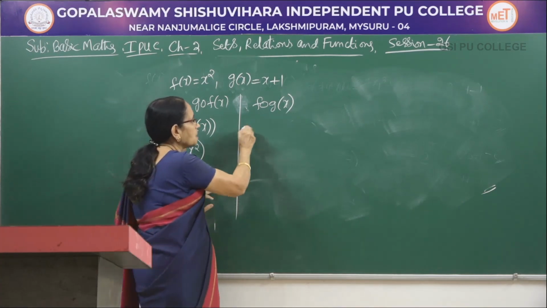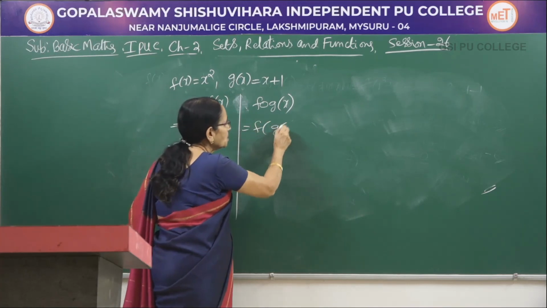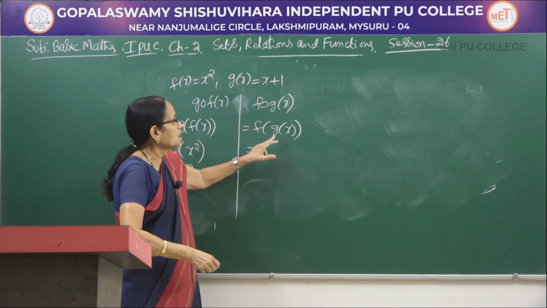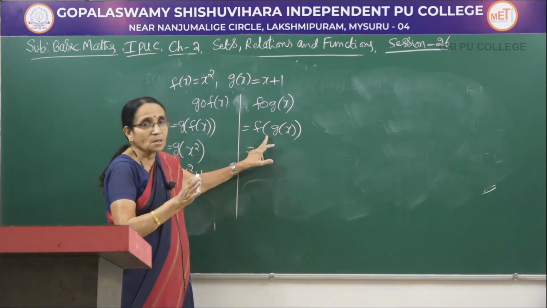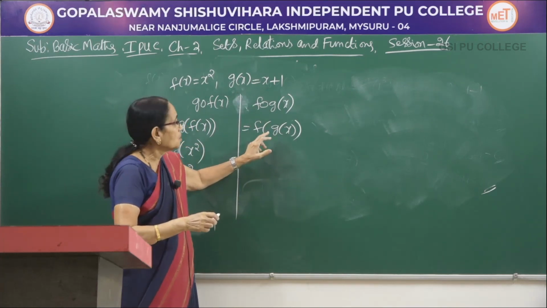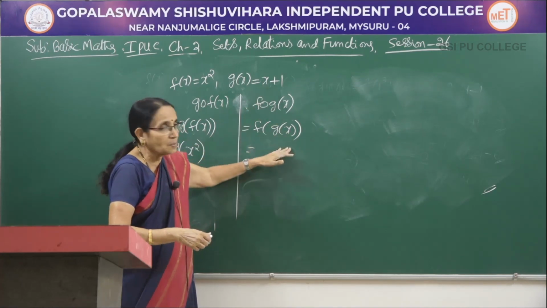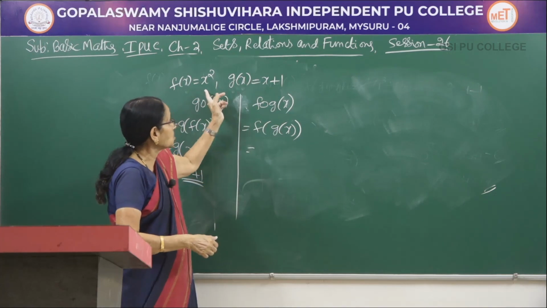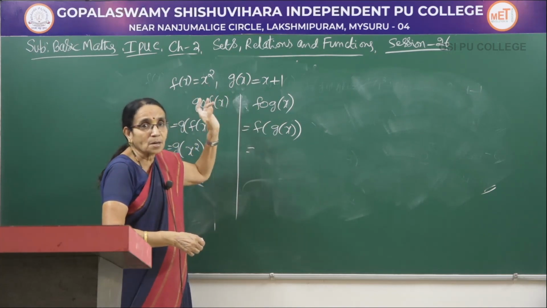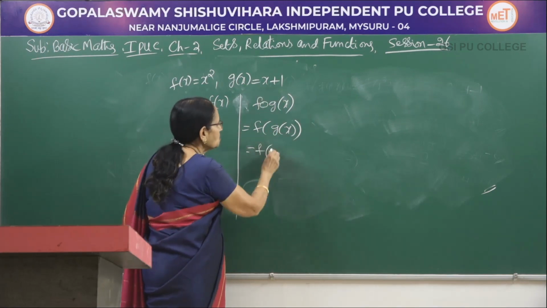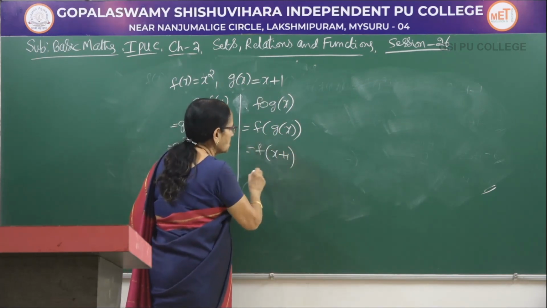Now, come to this one. It is f of g of x. First, we consider the function. So, I told you again, whenever the composite function is there, applying the first part of the function is easier because it will always be there. For the second part, look at the definition and apply accordingly. So, f of g x means it is x plus 1.